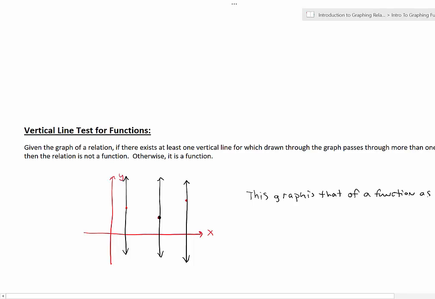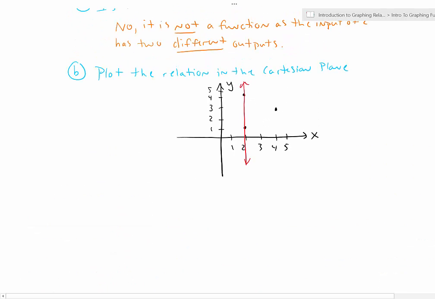as it passes the vertical line test. So it's a nice graphical way of figuring out whether your relation is a function or not. If it did something like above in this example, we would say that it failed the vertical line test, so it's not a function.